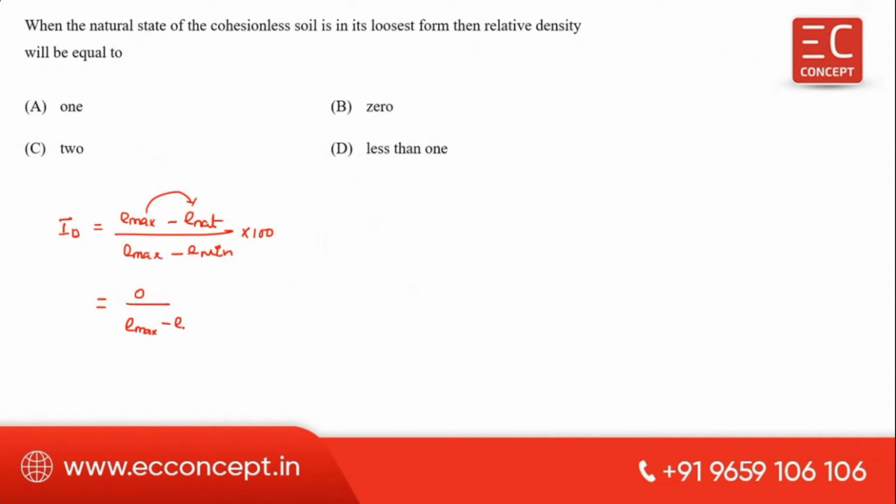So the answer is equal to 0. Since e max is equal to e natural, as the question says the natural state of the coarse soil is in the loosest form. In the loosest form, that is e maximum. So the answer for this question is B.